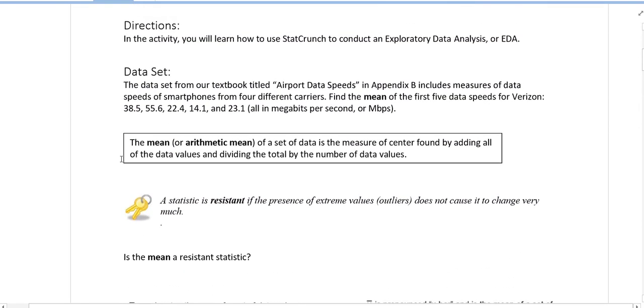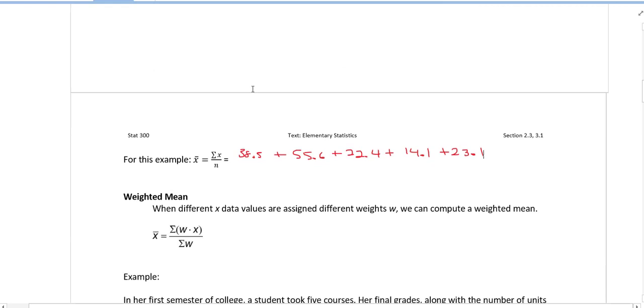And they were up in here: 38.5, 55.6, 22.4, 14.1, and 23.1. So we add all those up, and because there were 5 of them, we divide by 5. On our scientific calculator, or whatever calculator you're using, we add all those up and divide by 5, and we end up getting 30.74. And so that becomes the mean.